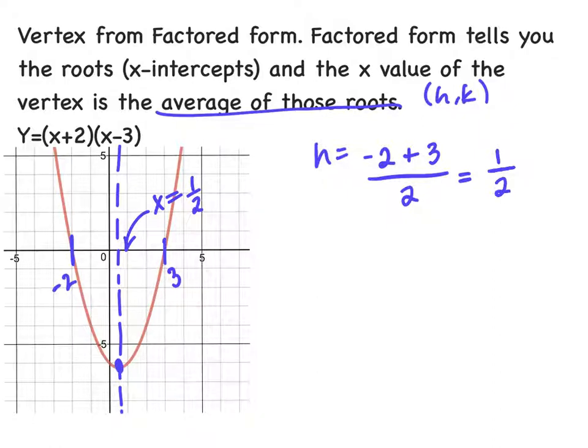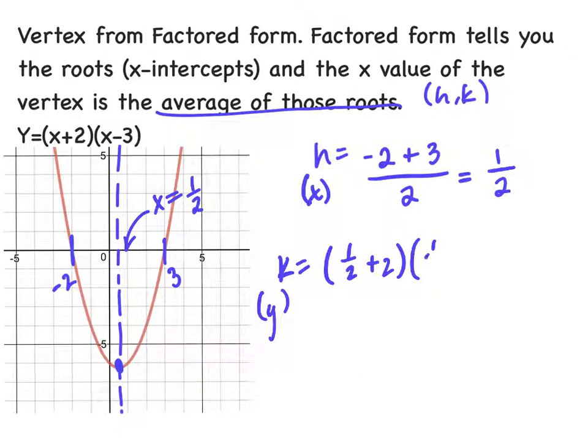Then, to get my y value, or my k value for that matter, I'm going to plug in x equals 1/2. So k, or y, equals 1/2 plus 2 times 1/2 minus 3. So I took my original equation, x plus 2 times x minus 3, and I plugged in my x of 1/2.